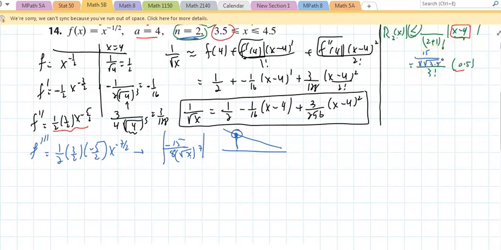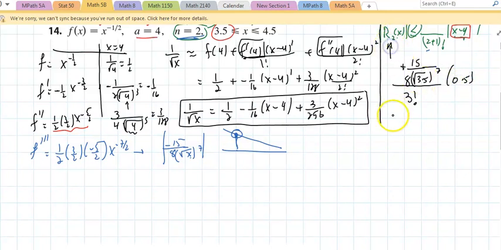I don't know why I'm writing so small. I have the whole page to go. So that is over 3 factorial. This is going to be positive 15, always absolute value, over 8 times the square root of 3.5 to the 7th, times 0.5 cubed.